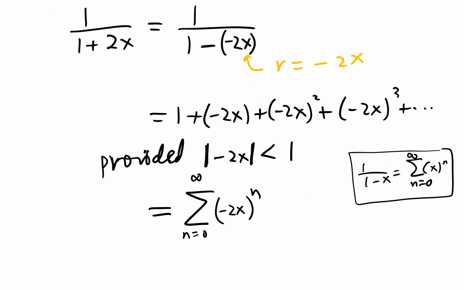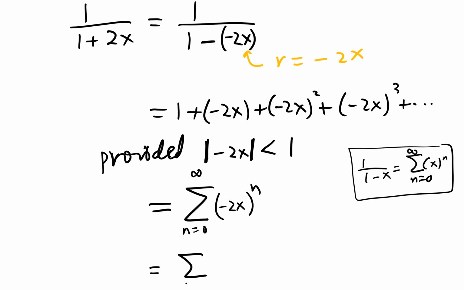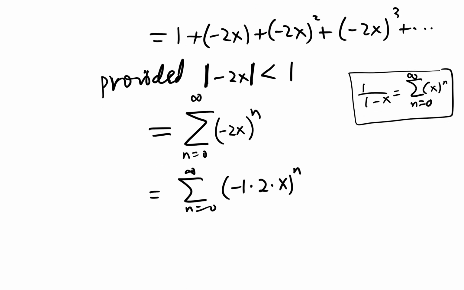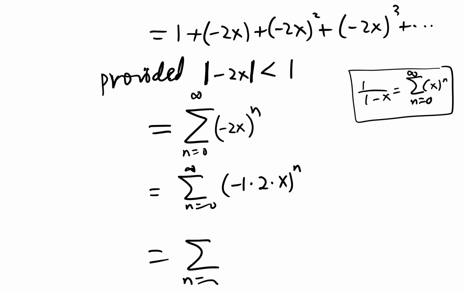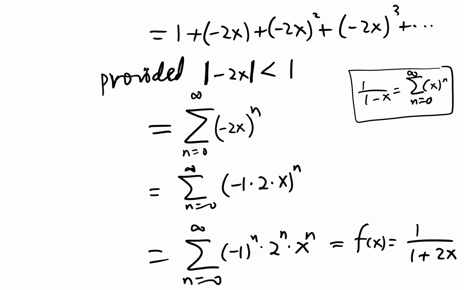And it would be nice to rewrite this by breaking it down into negative 1 times 2 times x to the n, which can be rewritten as negative 1 to the n times 2 to the n times x to the n. So that means the function they give us, this is the f of x, 1 over 1 plus 2x, I was able to rewrite using the sigma notation or power series representation.